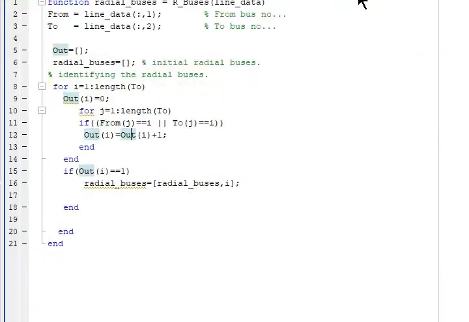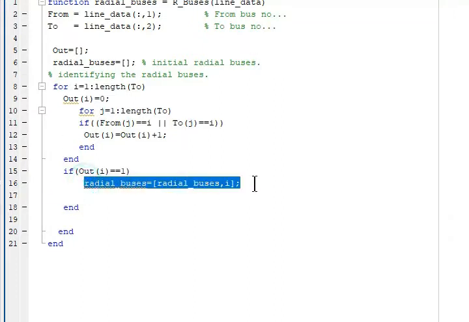In the next step, we are finding the radial buses. We have a function, radial buses, that finds the radial buses. In this case, we are making a for loop and checking if the from bus is connected to that specific i, meaning there is only one bus connected to this i, either the from or the to. If only one entry of bus is connected, then out will be equal to 1, meaning that specific bus is a radial bus, and we place that bus in the radial bus entry.